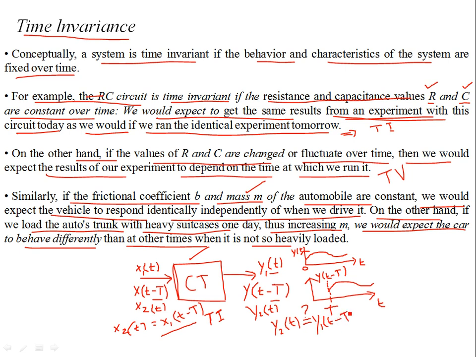Whether the waveform is preserved, or you might say the output is delayed by the same amount of time. If this equality holds, then yes, you qualify the system as time invariant. If this is not the case, that means some parameters in the system have changed and the output has not been preserved. Therefore, the system becomes time varying. So that's the idea behind time invariance.